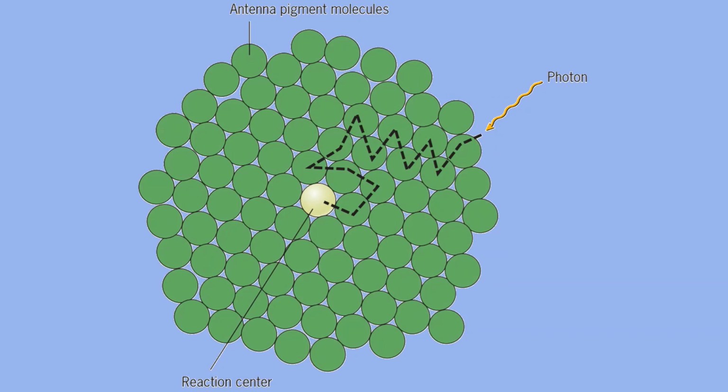In the light reaction, the chlorophylls are arranged in light harvesting complexes, as we see here. A light photon is absorbed by a chlorophyll molecule, causing the electrons of that chlorophyll molecule to get excited, and the electrons are passed from one chlorophyll molecule to another until it reaches a reaction center, a special type of chlorophyll molecule, which will eventually lose an electron.